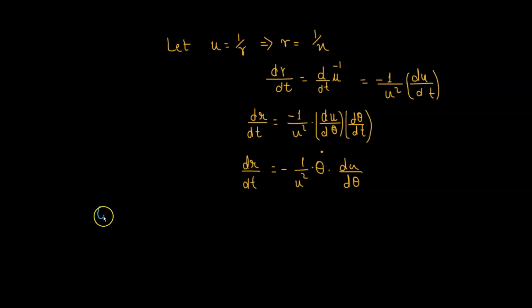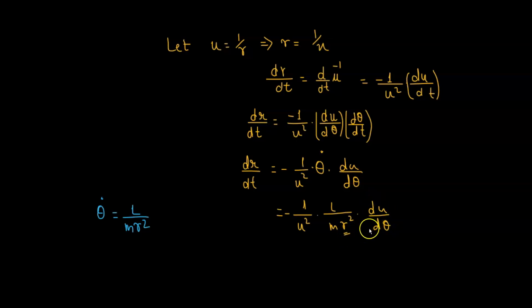We also have from the expression of angular momentum that theta dot is given by L over m r squared. So let's replace this in place of theta dot. Our dr over dt will be -1 over u squared times L over m r squared times du over d theta.